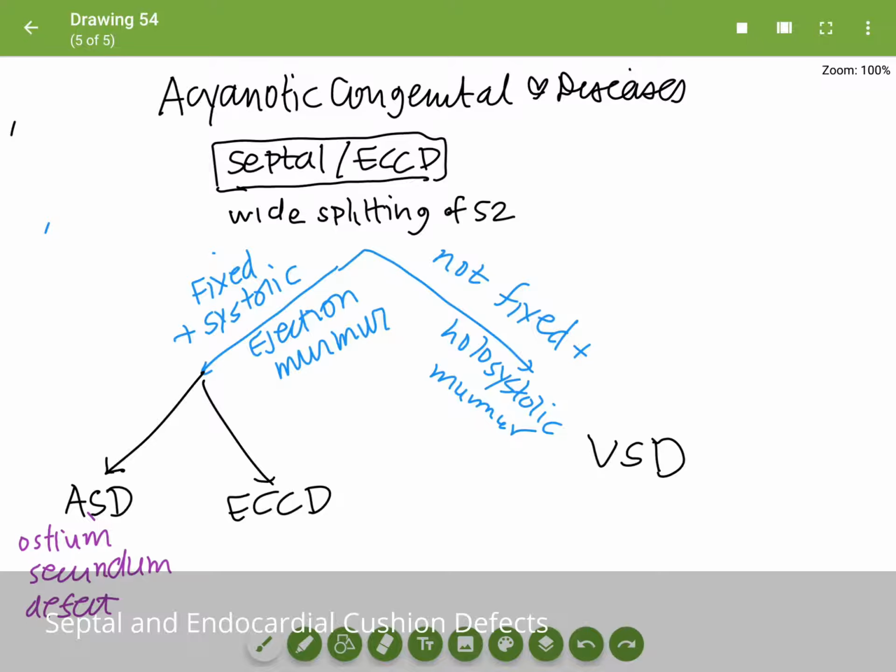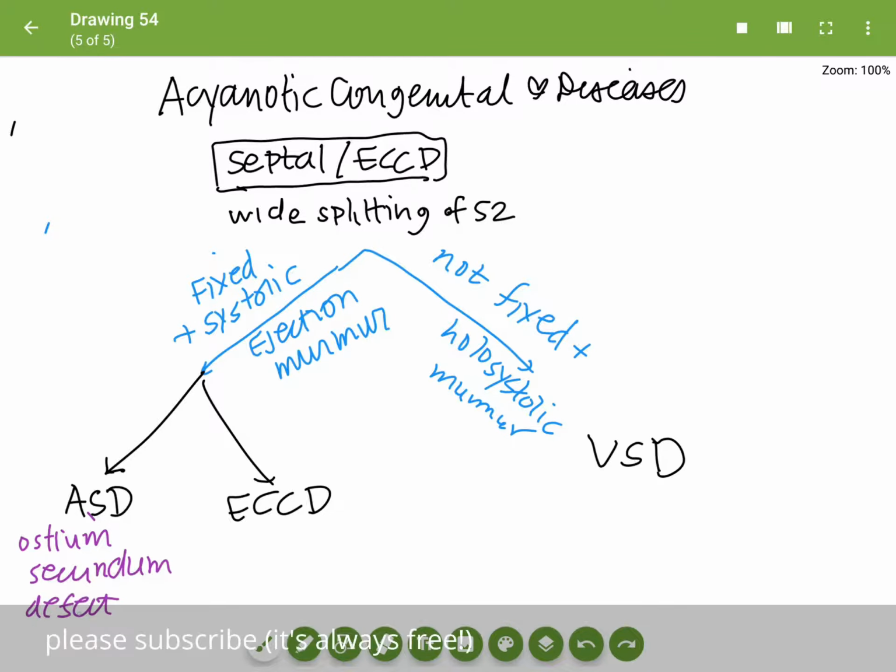As a child, earlier in the child's life, you're not going to have many symptoms because this is a low flow shunt, and of course it's a left to right shunt. In an older child, you're going to have exercise intolerance.